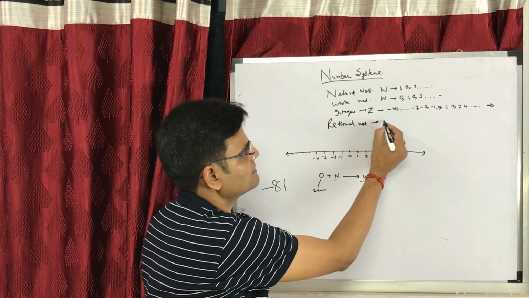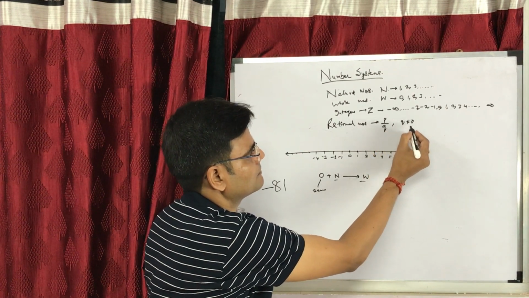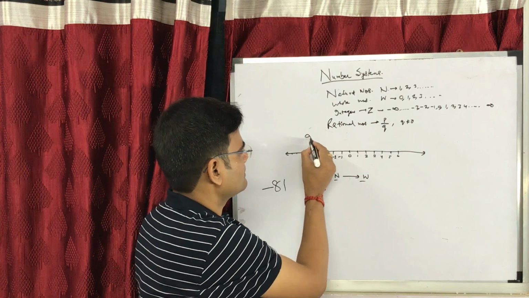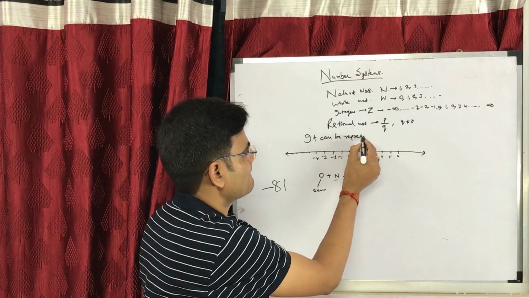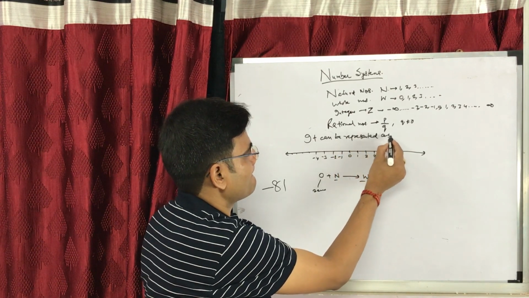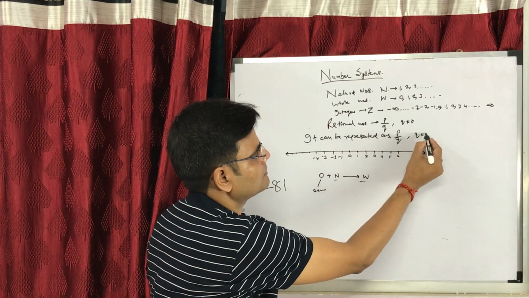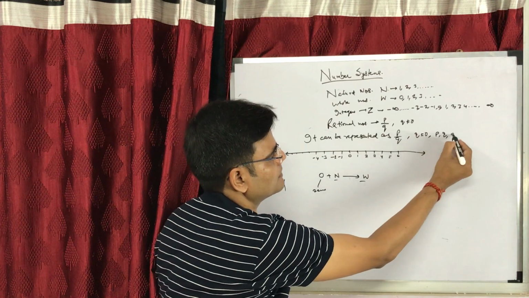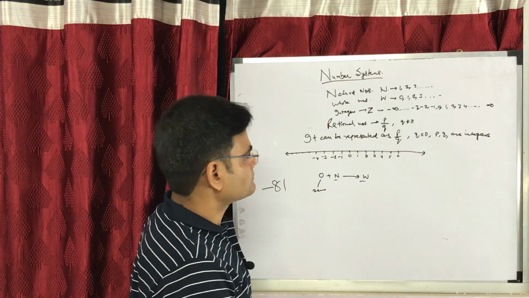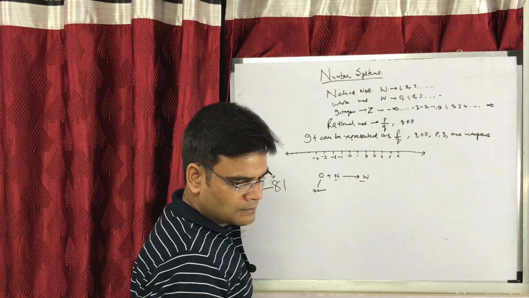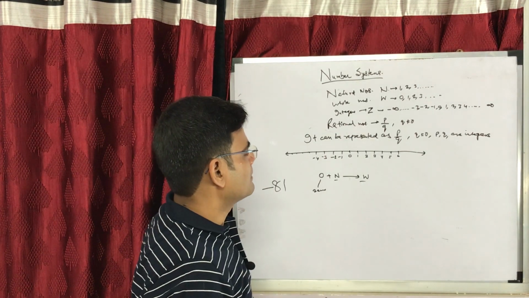The rational numbers definition is, you can put it in the form p by q, where q is not equal to 0, and p and q are integers.